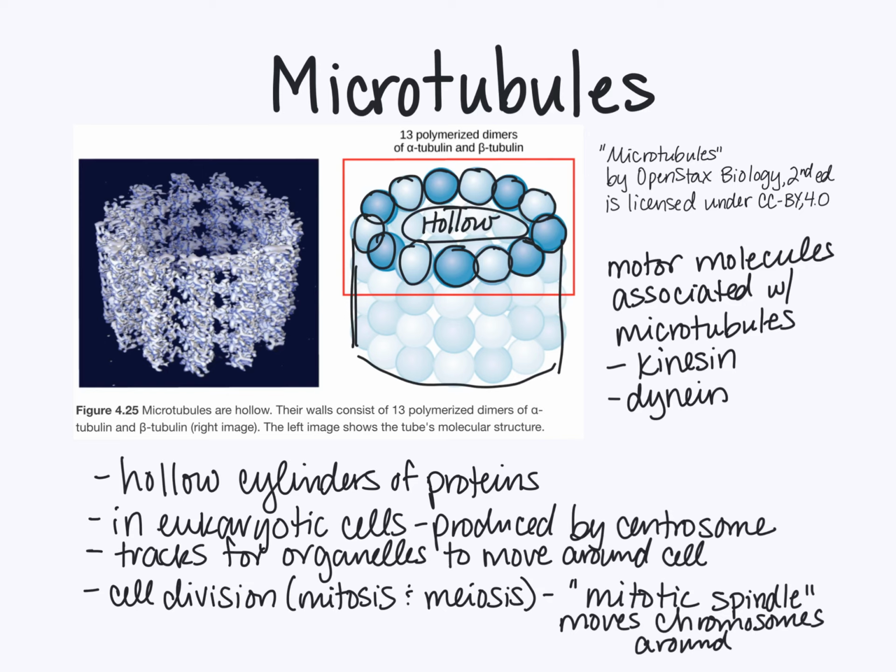So recall that when we talked about actin, we said that actin worked with a motor molecule known as myosin, whereas with microtubules, the motor molecules are known as kinesin and dynein.